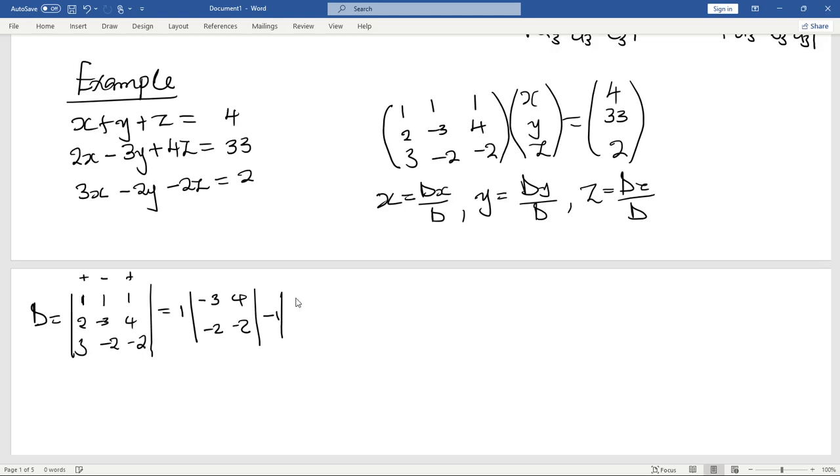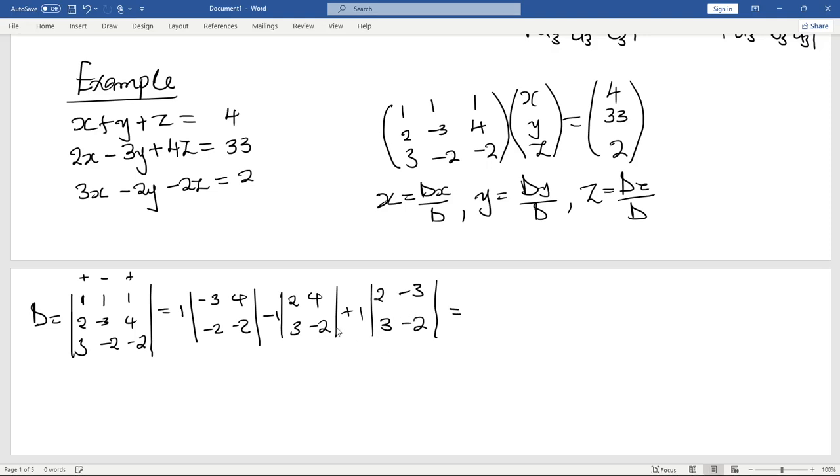So meaning that here we're going to have 2, 4, 3, negative 2 here, plus 1 here. So we close the entire row here and this column here. We remain with this 2 by 2 matrix that we have here. So we have 2 here, negative 3, 3, and negative 2 like this.